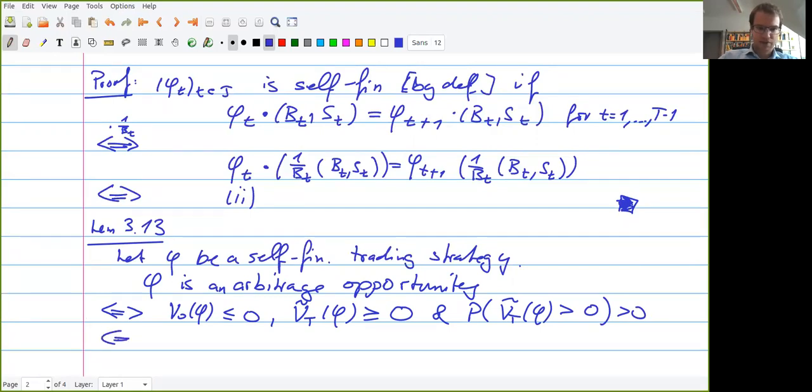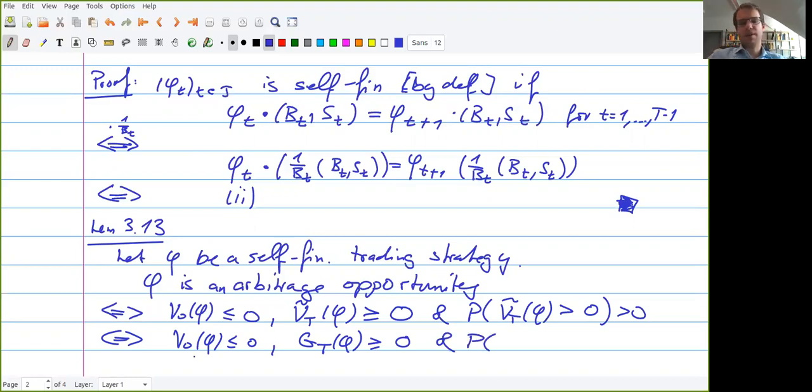And this can again be reformulated in terms of the gain process. Meaning, I start again with a capital which is less or equal than 0. My gains or losses I have made up to the terminal time are non-negative, and with a positive probability at the terminal time I have made some gains.